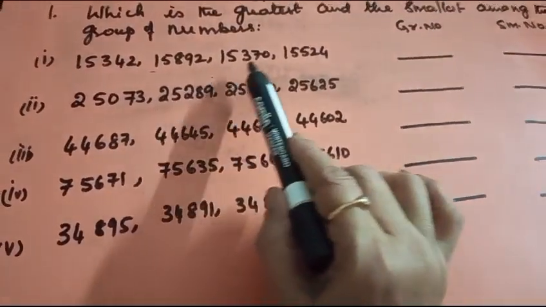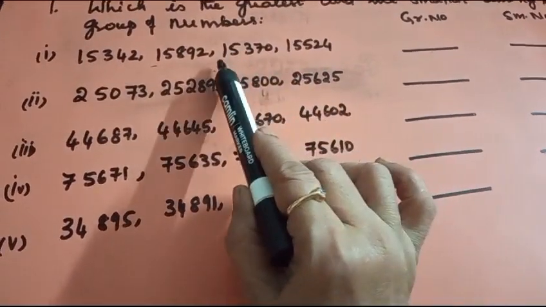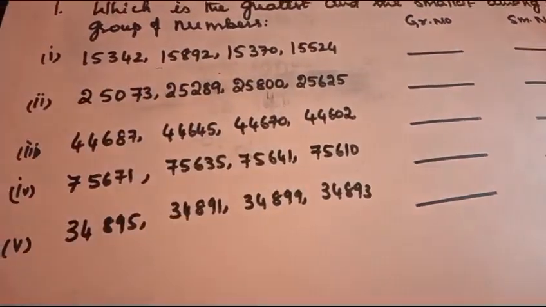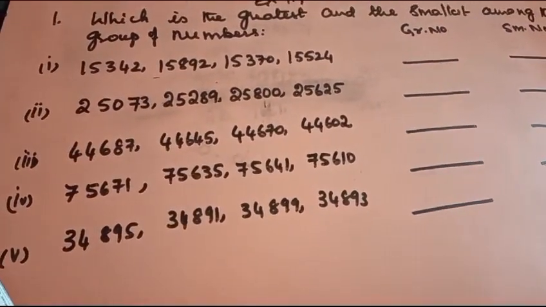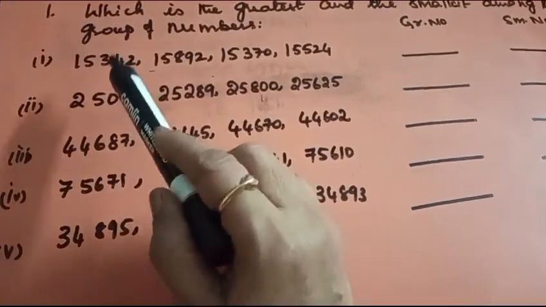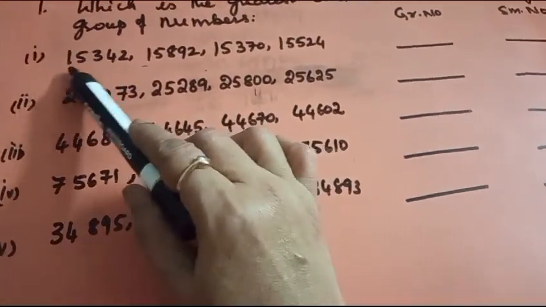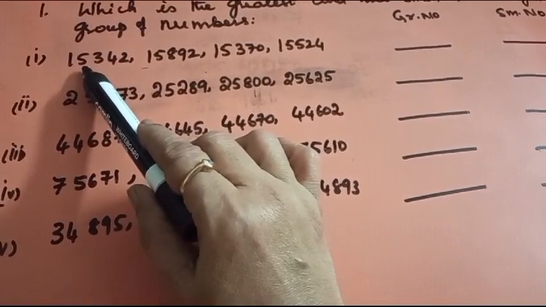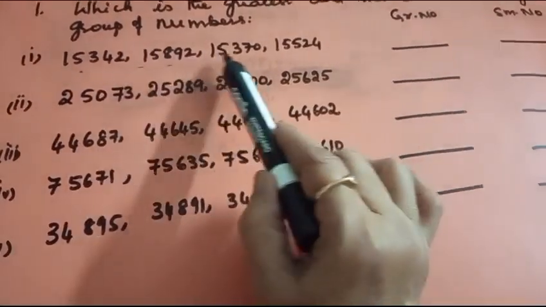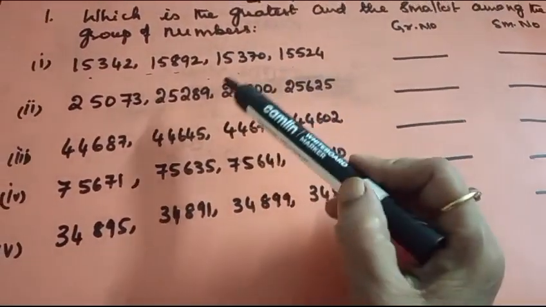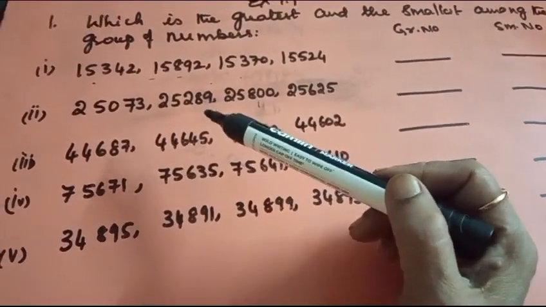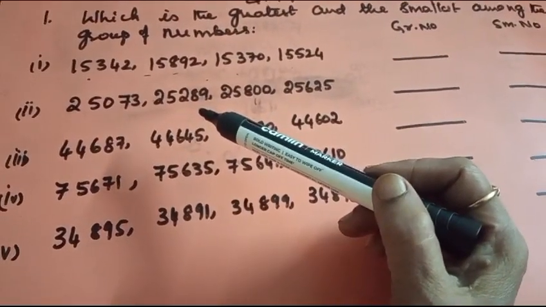All the 10,000s place values are 1, 1, 1, 1, so you cannot identify which is the greatest. Next, the thousands place: here it is 5, 5, 5, 5. Even now we cannot say which is greater or lesser.